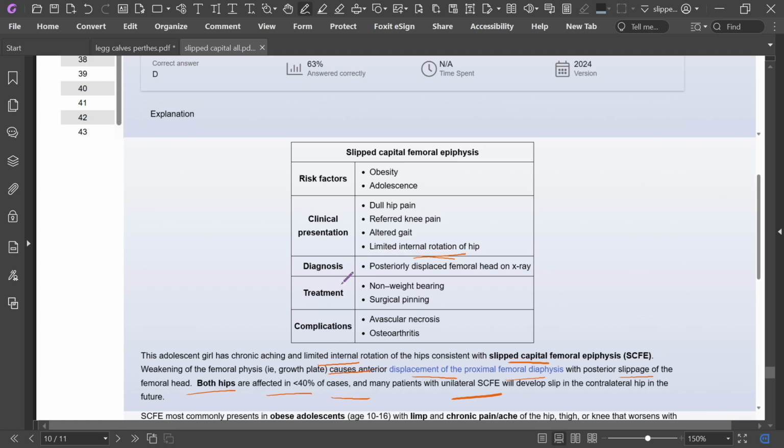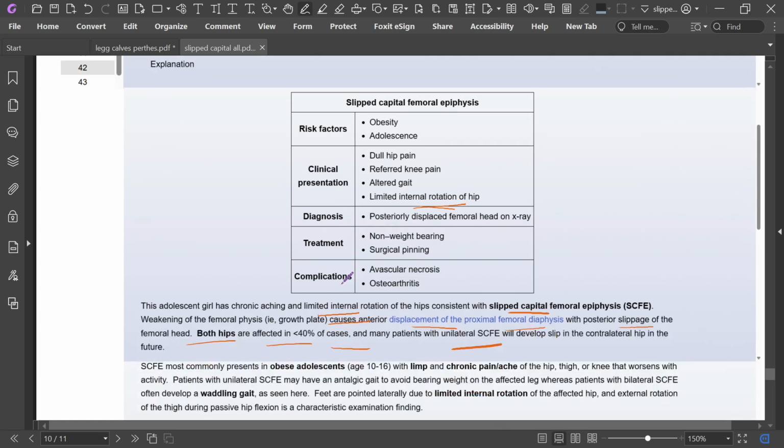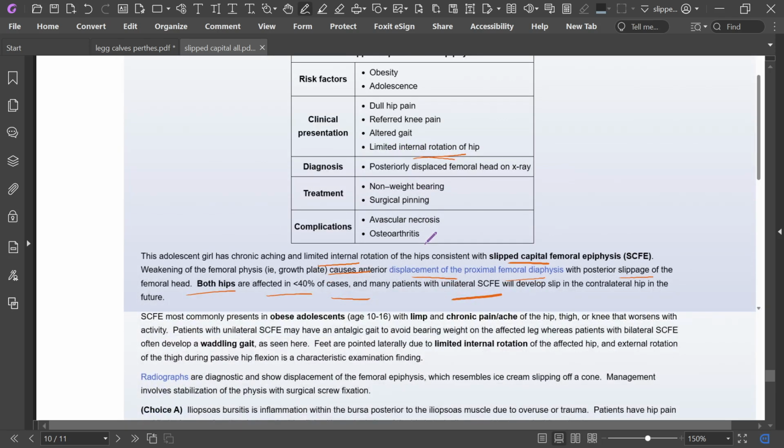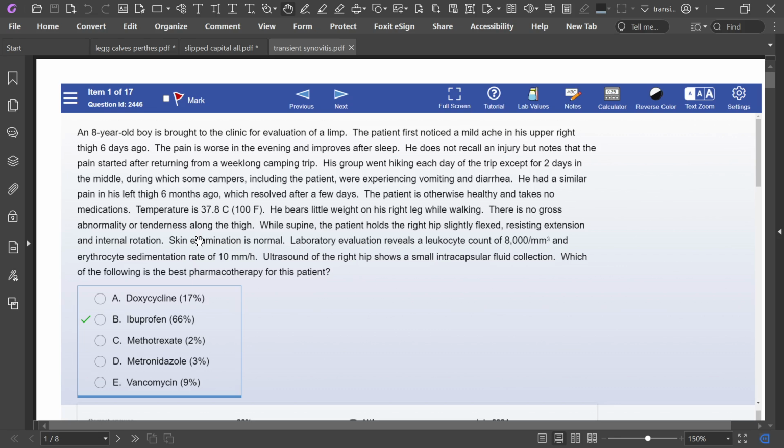So: obesity, adolescent, dull hip pain, referred knee pain, altered gait, limited internal rotation of the hip, posteriorly displaced femoral head on X-ray, non-weight bearing, surgical pinning. Complications are avascular necrosis and osteoarthritis.